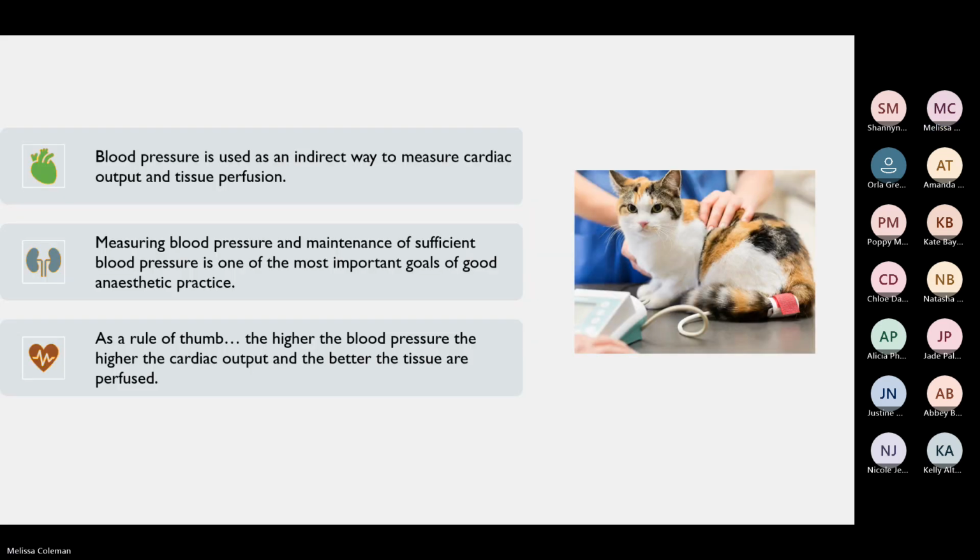Blood pressure is used as an indirect way to measure cardiac output and tissue perfusion. Measuring the blood pressure and maintenance of sufficient blood pressure is probably one of our most important goals of good anesthesia practice. And as a rule of thumb, the higher the blood pressure, the higher the cardiac output of the patient will be, and the better the tissues are perfused.